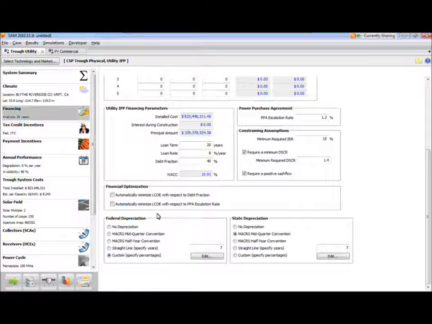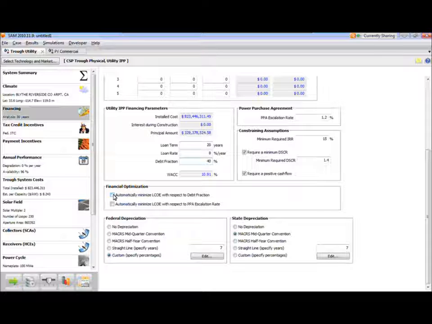The financial optimization options automate the process of choosing a debt fraction and PPA escalation rate. So typically these are values that you might be trying to determine, what is an appropriate debt fraction for your project, rather than coming into the project with one in mind.